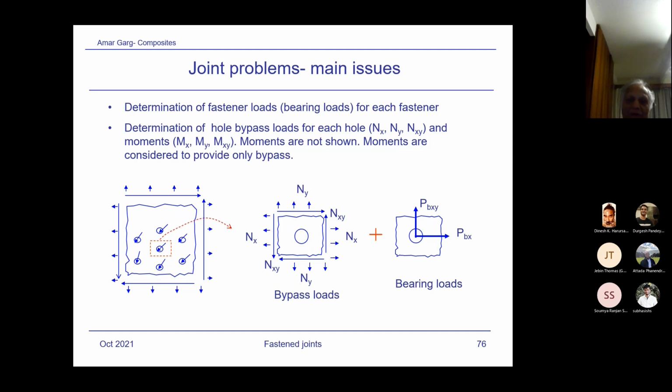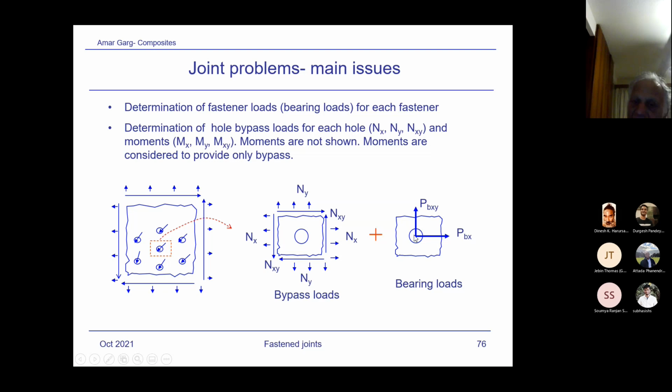Now the bearing load we define because, if you imagine a situation when you are applying a multi-axial loading over here, the load is being reacted by the fasteners. Each fastener is reacting some load, not equally; there will be unequal loads. So when they are reacting the load, there will be some bypass and some fastener reactions.